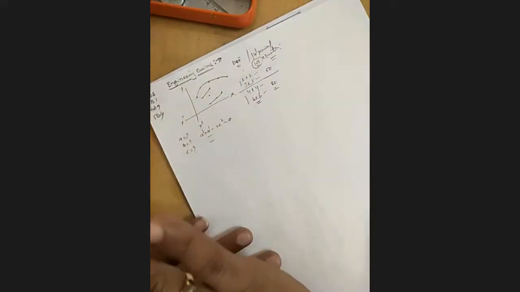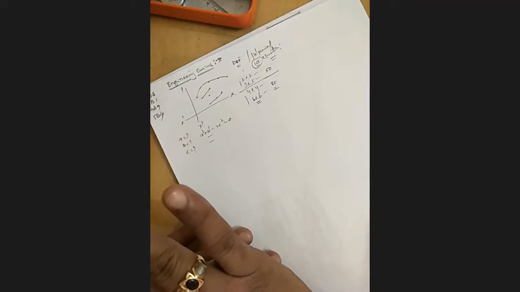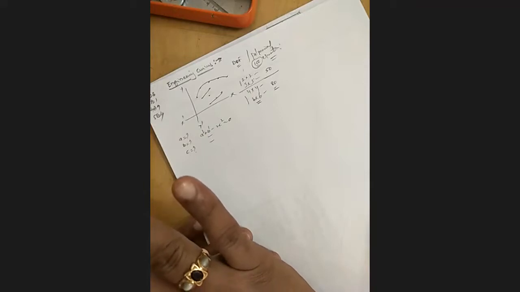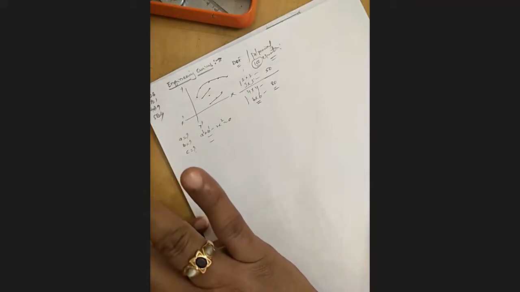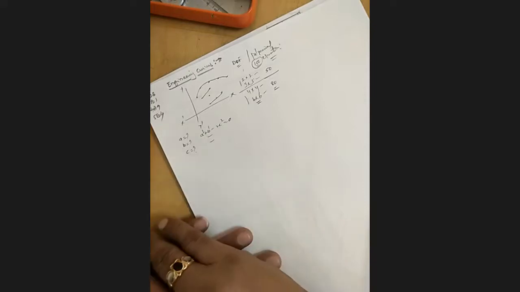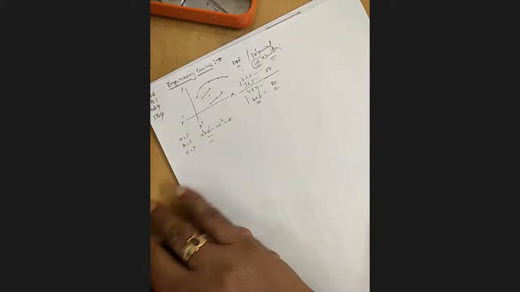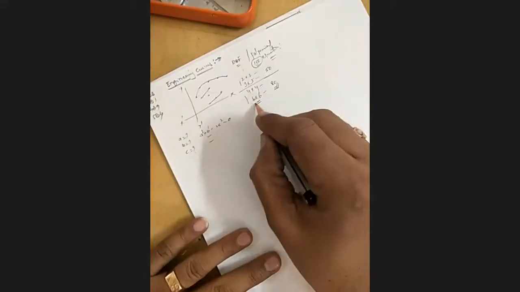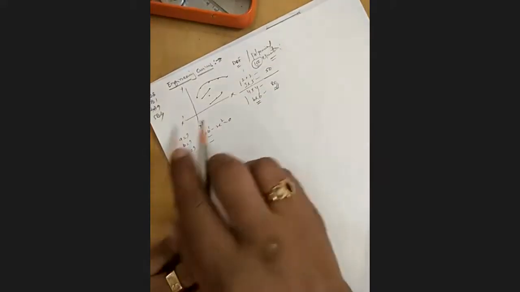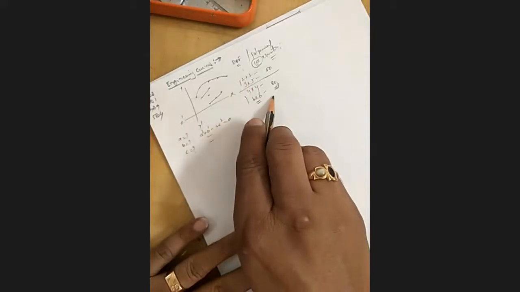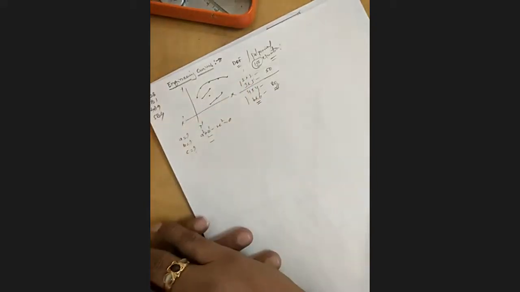You have to stick to one policy, no? More marks. If you want some benefit, you want more marks, but less work. Less work, more marks. How is it possible, Amma? How is it possible?